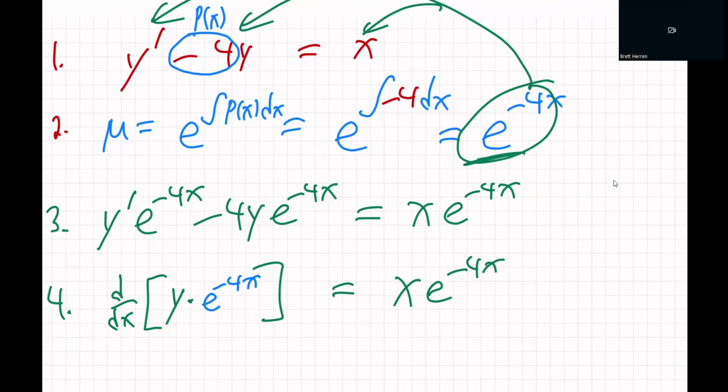Well, if we took the derivative of two things multiplied, you do the product rule, right? You take the derivative of the first guy, that'd be y prime times the second guy unchanged, plus the first guy unchanged times the derivative of the second guy. The derivative of e to the minus 4x is himself, but times negative 4. That's where the negative 4 comes from. See how that always works? The derivative by the product rule. So this is the derivative of that. Now, why is that so great?